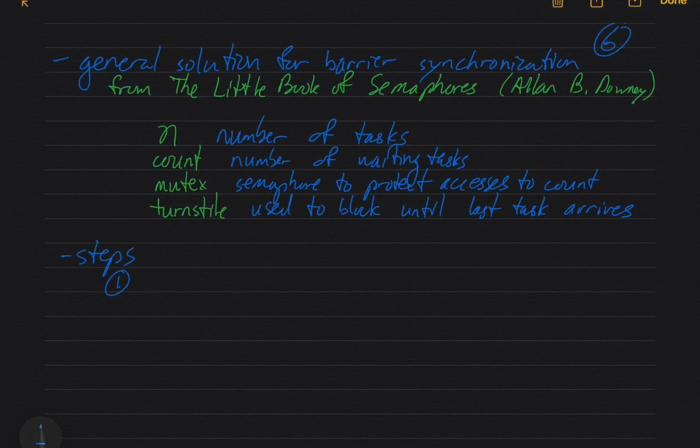So let's look at the steps that would be taken to implement this. So this is just very general terms. So we're going to have some initial values, and they are count is 0, so initially no tasks have synced on the barrier yet.